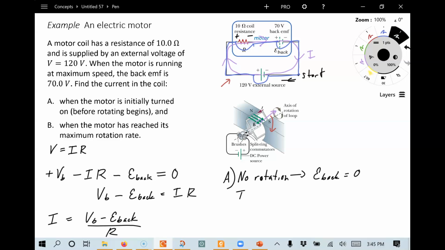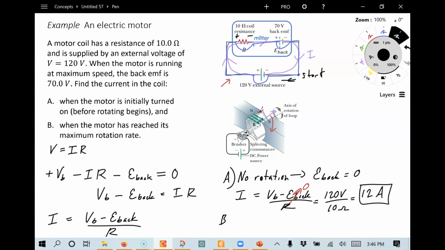So in this case, I is equal to VB minus E back, which is 0, divided by R. The battery is 120 volts. The resistance, we're told, is 10 ohms. And this comes out to a current of 12 amps in part A.